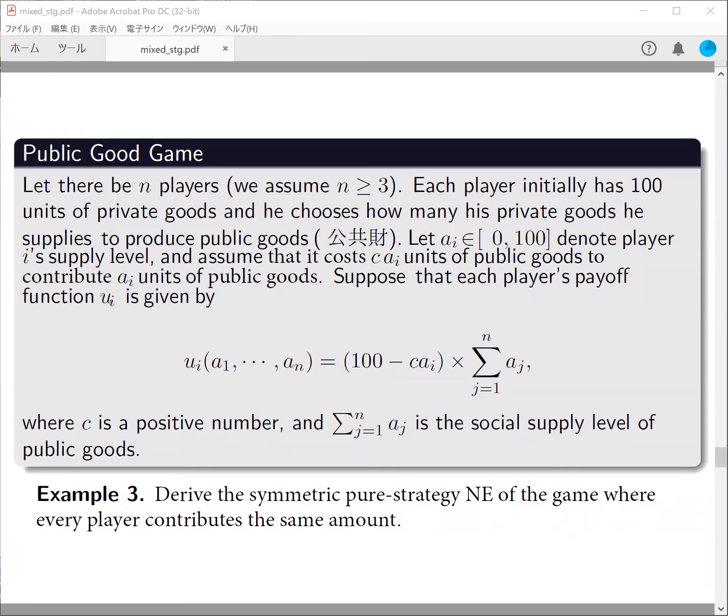The level of contribution is denoted by a_i, which costs c times a_i units to player i, where c is a positive constant. The payoff that player i gets from contributing a_i is a function of the total amount of contributions made by all players and the cost of making contribution incurred by player i.